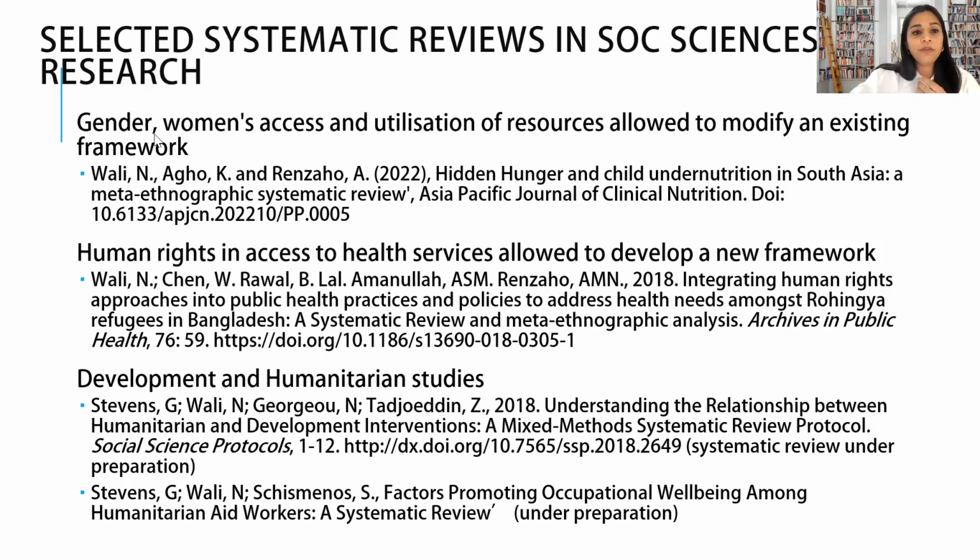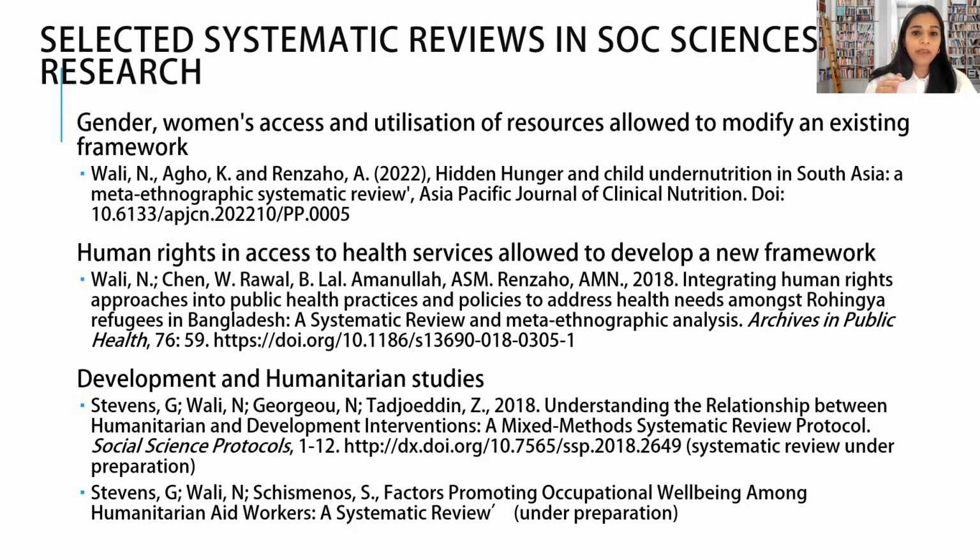If you look at the first paper, it looked at child undernutrition and its different forms, trying to understand the factors that impact child undernutrition in South Asia. What the findings of this paper have been able to do is provide an amended framework to the existing nutrition framework. So you're adding new knowledge to the literature, which is what a systematic review allows you to do.